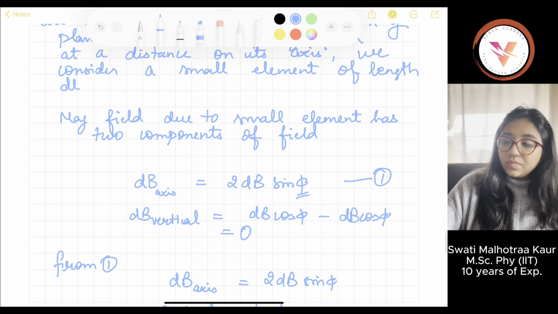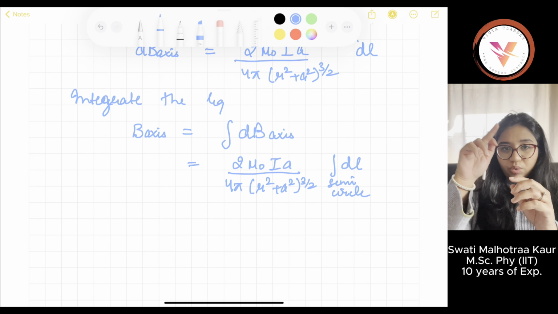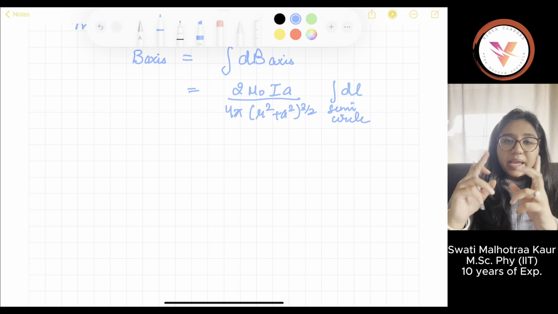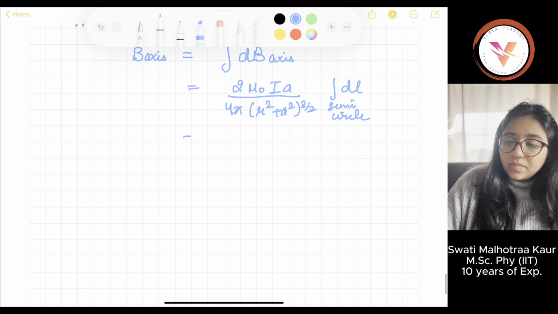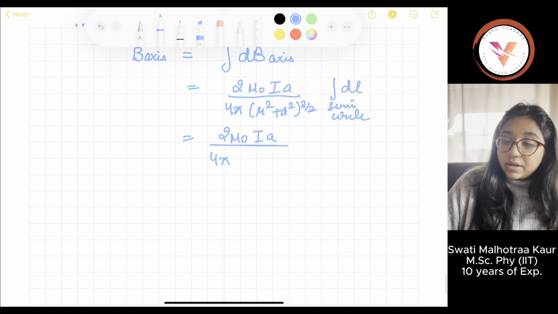So just integrate it on semicircle. Either you take only dl and then integrate it over the whole ring, or you take 2 dls and integrate over semicircle. Both give you the same value, but you have to understand what you have taken and where you have to integrate.